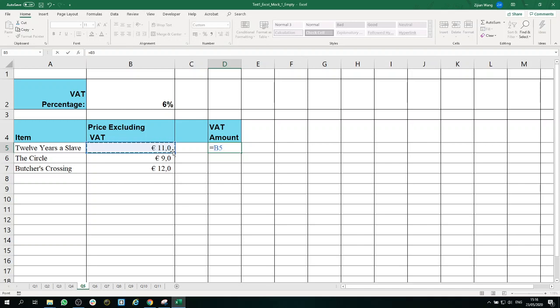We multiply the total amount by the VAT percentage, and since we are using that percentage again and again, we better lock it so we can drag this formula downwards. So using F4, only locking the row because we are only dragging it downwards. Here we go. Alright, that is question 5. Again, this is the answer, not the number.